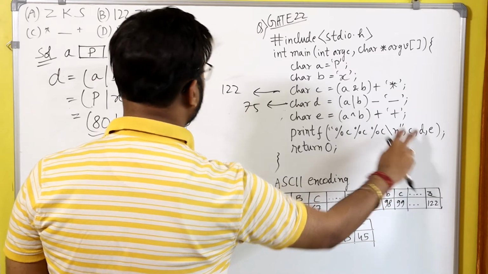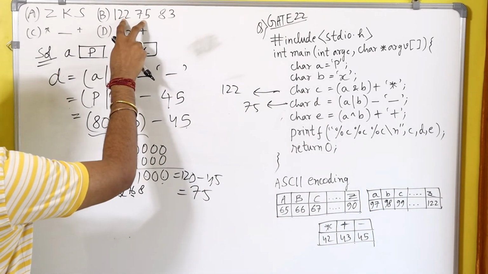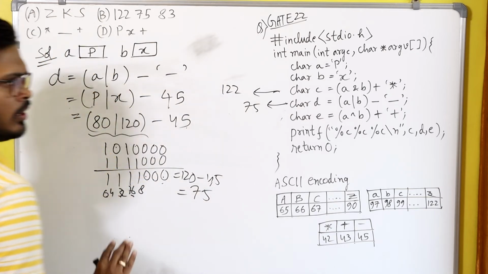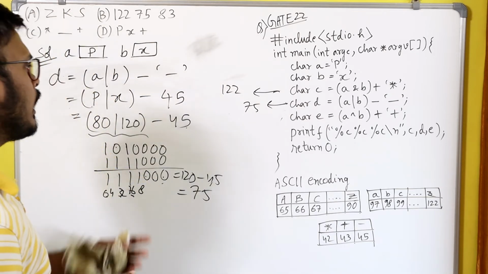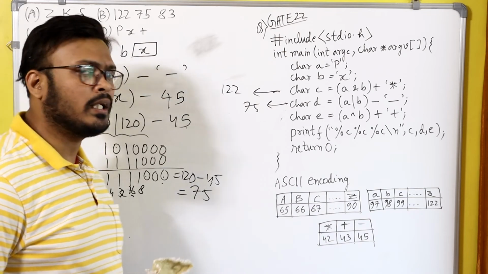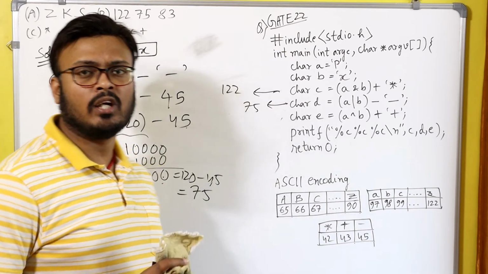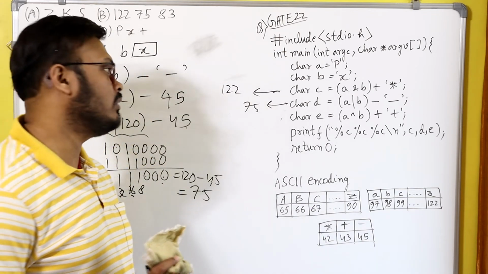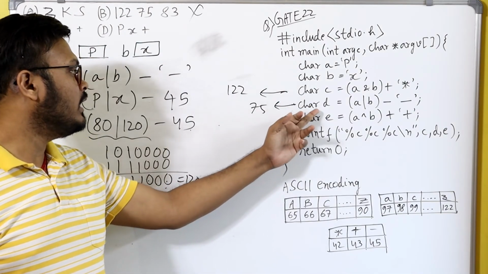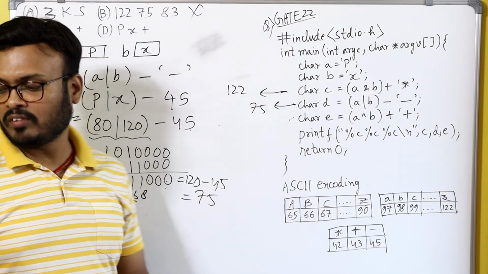If the values of C and D match, then you don't have to calculate this part. Fine. If you wish to calculate, you can, but it's not required, because in the examination the time is very limited and you have to solve more and more questions. Fine. So we have got the values of C and D as 122 and 75.